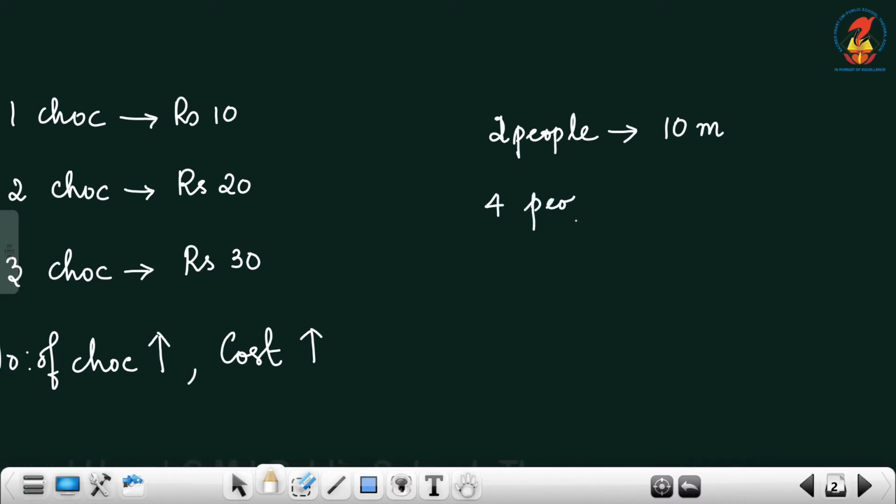What about 4 people? Then the length of the cloth required will be 20 meter. If there are 6 people, will the length of the cloth increase or decrease?